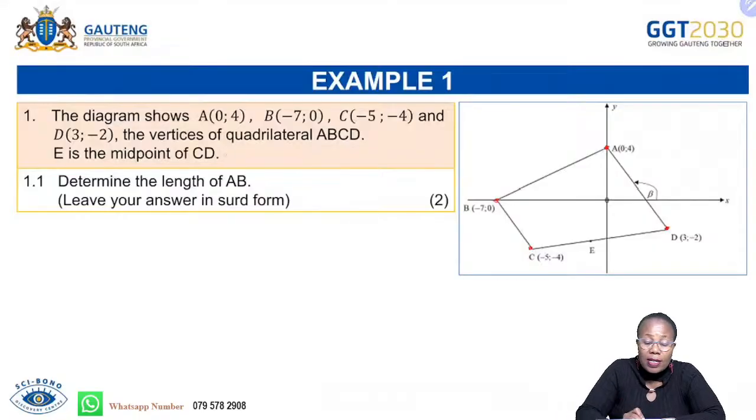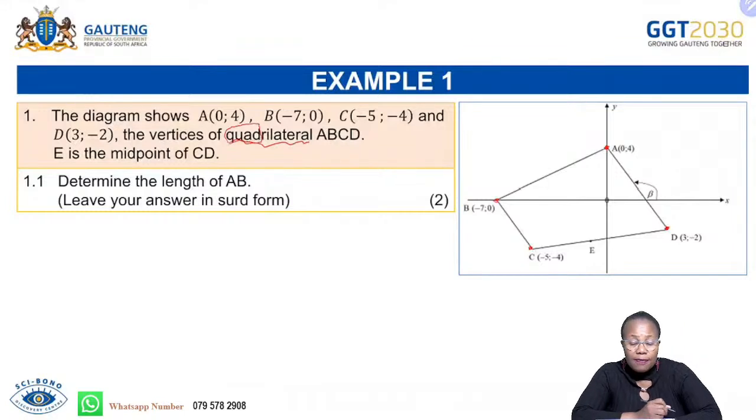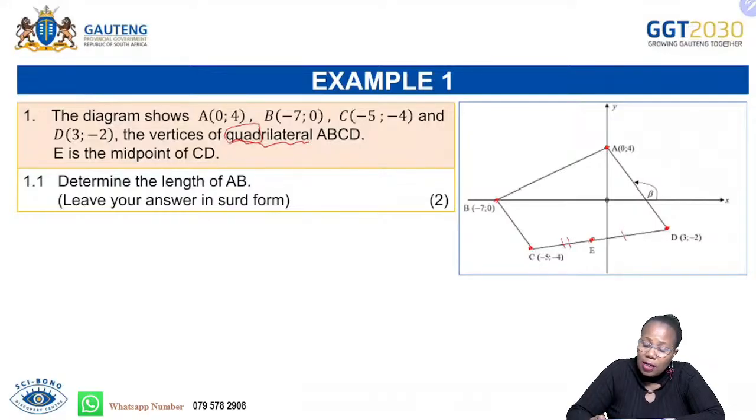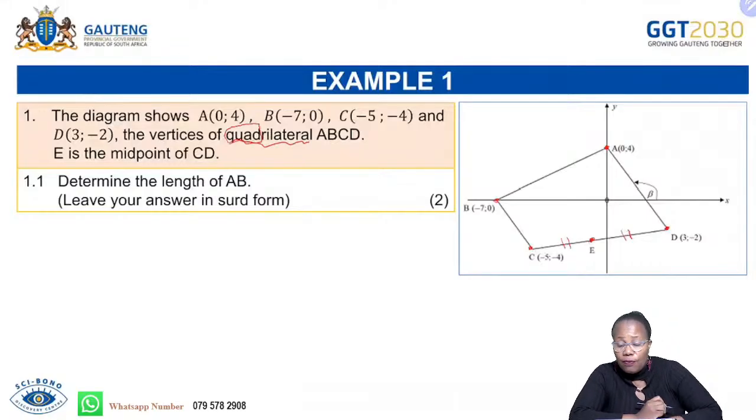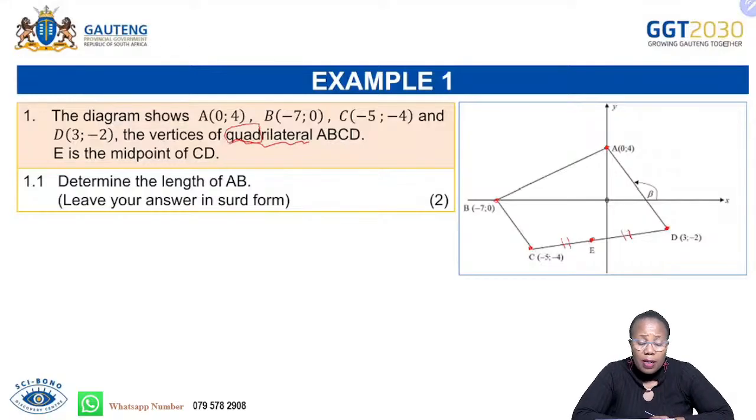A quadrilateral is a four-sided figure. Remember your quad, the four-sided figure, okay? And E is the midpoint. E is the midpoint. That means it is cutting CD so that CE is exactly equal to ED; E is the middle point of C and D. Number 1.1, determine the length of AB and leave your answer in surd form.